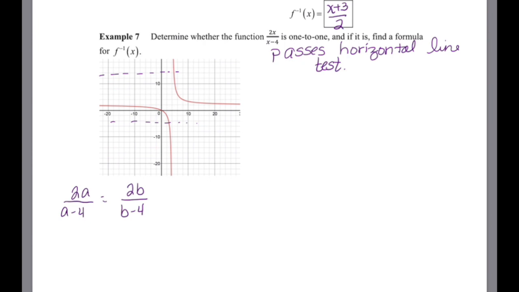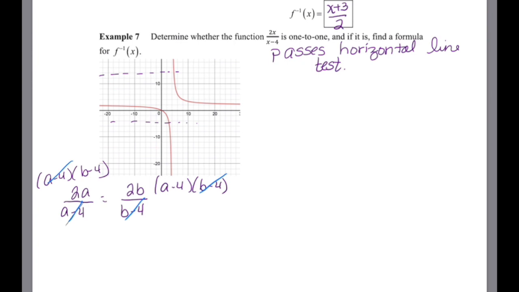I'm going to look at our greatest or least common denominator. And when I multiply by the least common denominator of a minus 4, b minus 4, and similarly here a minus 4, b minus 4, here our b minus 4s are eliminated and our a minus 4s are eliminated.